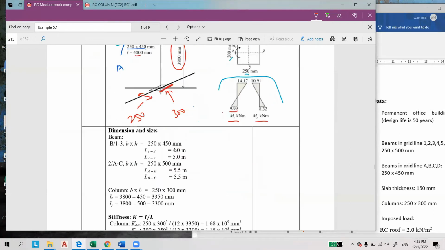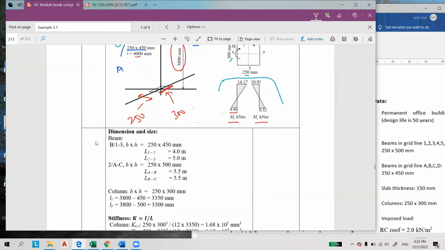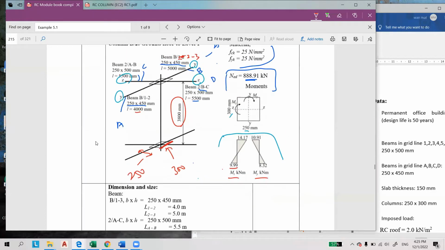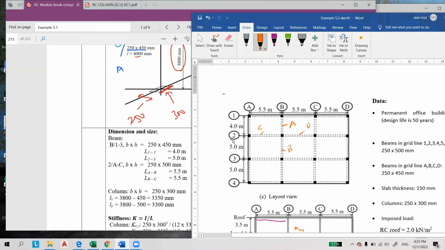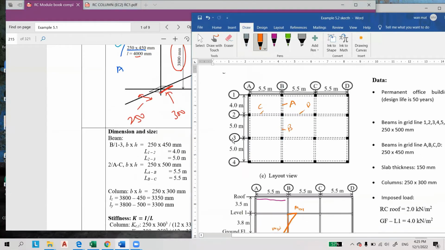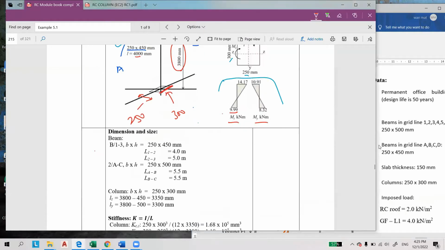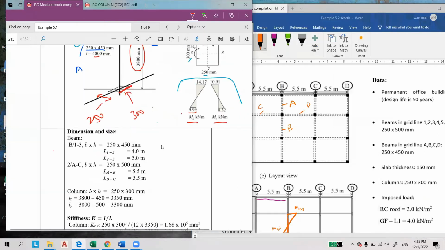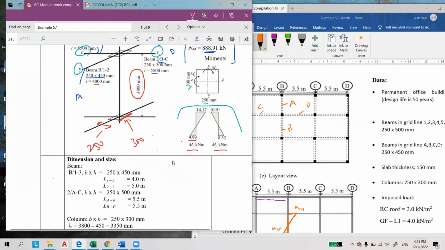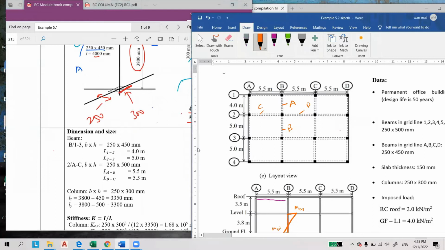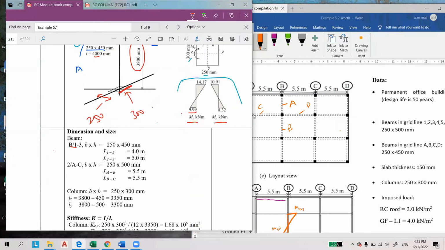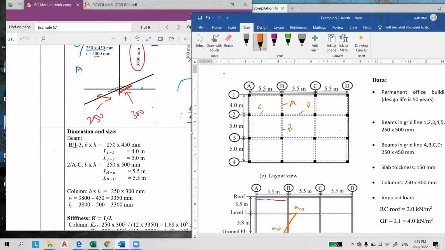Okay, so first for the beam 1 2 3, I hope you can imagine. This is the dimension. Beam 1 2 3 means here, beam B stroke 1 up to 3.